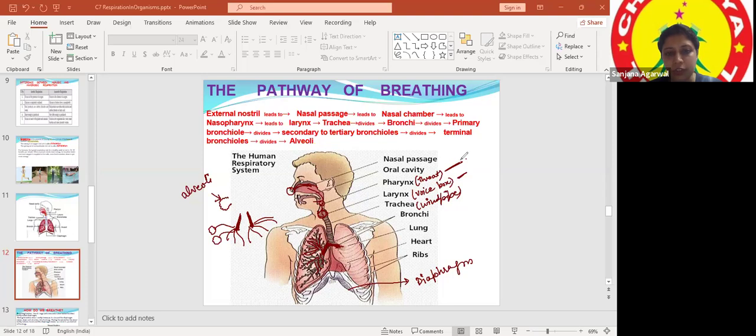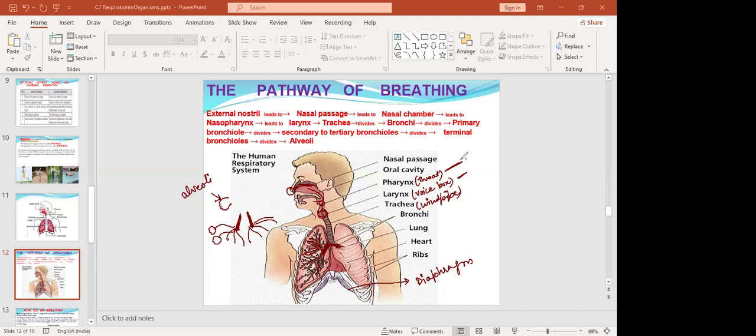Next, write trachea. For trachea, you can write it is a tube-like structure in the neck and upper chest that connects the larynx, means that connects the voice box and the lungs.